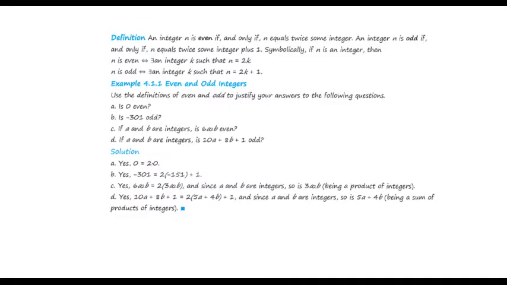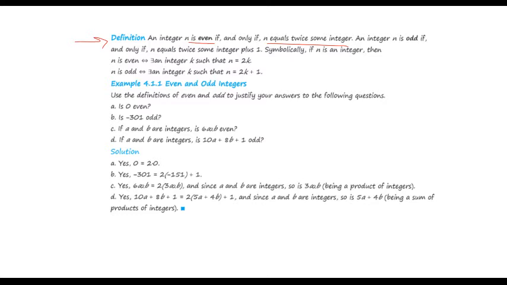First, in chapter 4, we define an even integer and an odd integer. As you know, an integer n is even if and only if n equals twice some integer. So that means there is some integer such that n is equal to 2 times that integer. And an integer is odd if and only if n equals twice some integer plus 1.